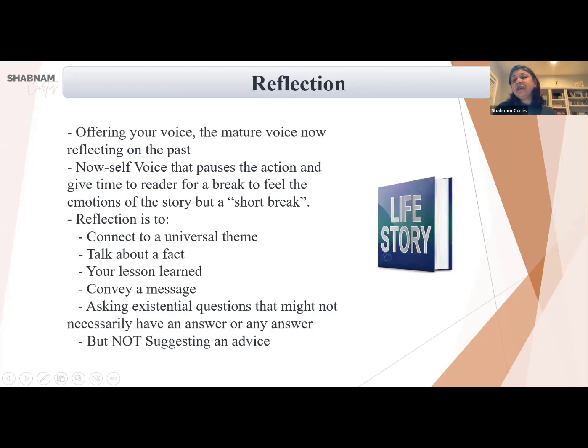And then reflection. Reflection is basically when we are sharing the lesson learned with the reader as part of our journey. There are two different dimensions in it. There is self-reflection as I'm writing this story, and there is the part that I want to share in this story.